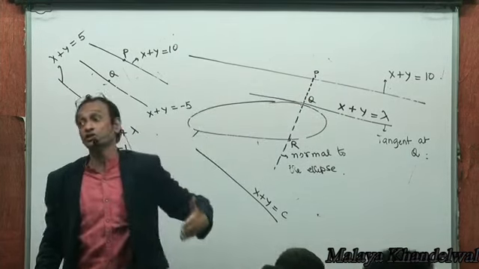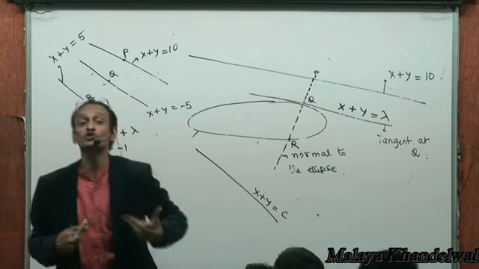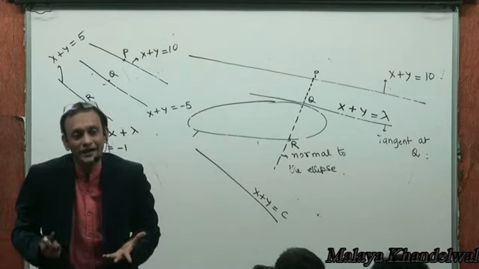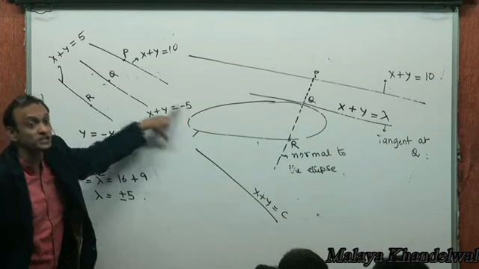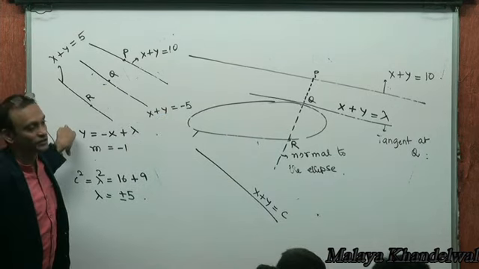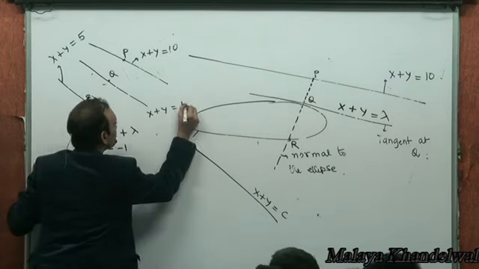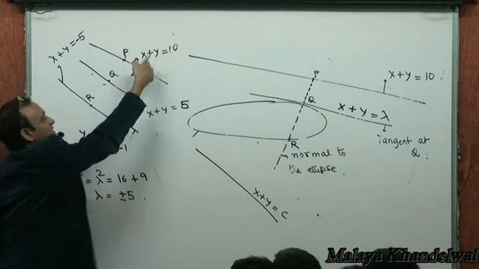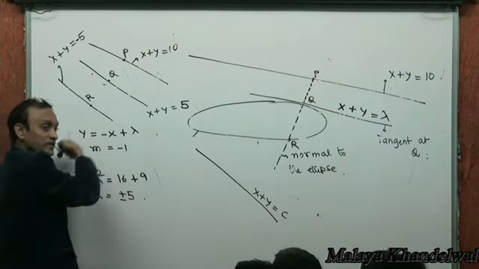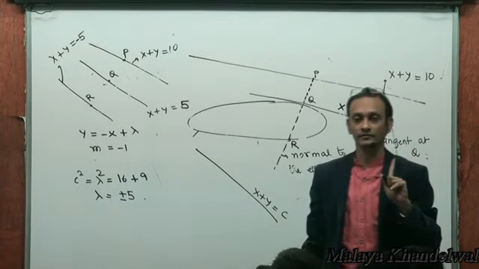In a given direction, if you move along a line, then the c's will show a trend, either an increasing trend or a decreasing trend. Suppose this was the case, then it has first decreased and then increased. This is not possible. But if this was 5 and this was minus 5, then it's fine. It's decreasing, 10 to 5 to minus 5 and so on. So this must be lambda equal to plus 5.